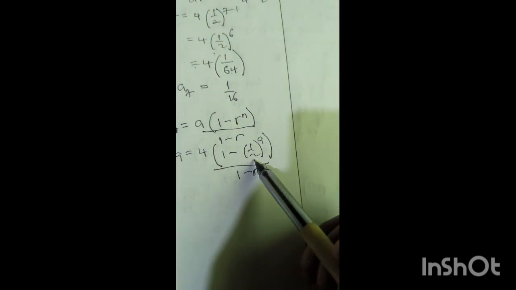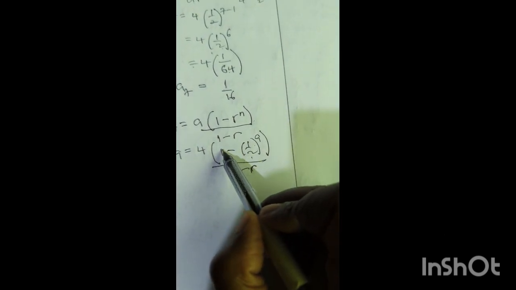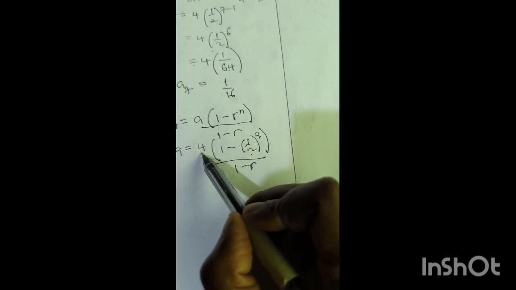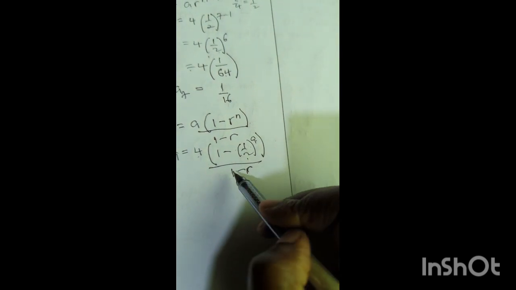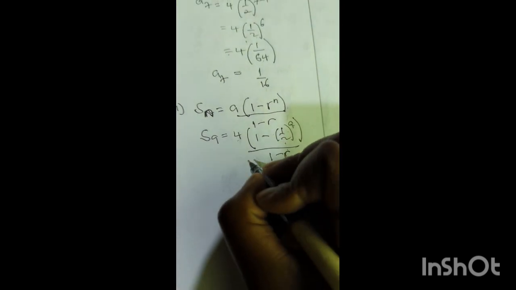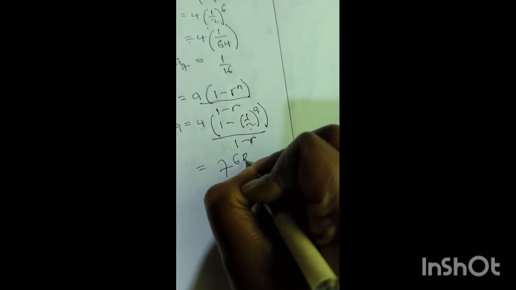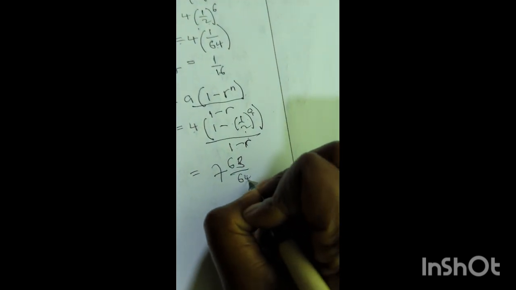You can first start with half to the power 9. When you find the answer, you write it down. You say 1 minus that answer, then multiply by 4, and write it. Then 1 minus half is half, so the answer you found is divided by half. When you punch, you should get 763 over 64.